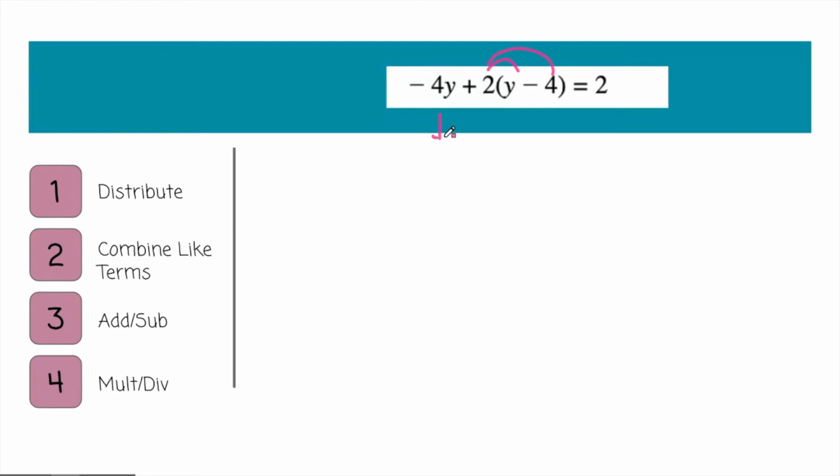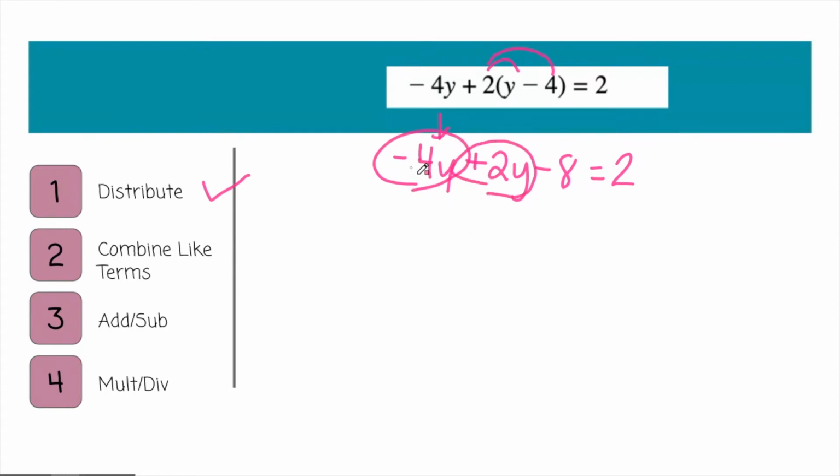So I'm going to bring down my negative 4y, and then when I distribute the 2, I get plus 2y minus 8 equals 2. Now that I've distributed, I'm going to combine like terms. I'm going to combine my minus 4y with my plus 2y. So negative 4y plus 2y would be negative 2y minus 8 equals 2.